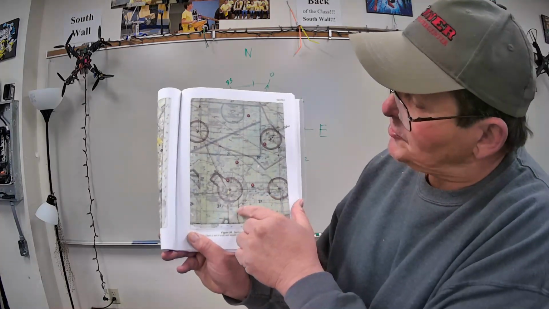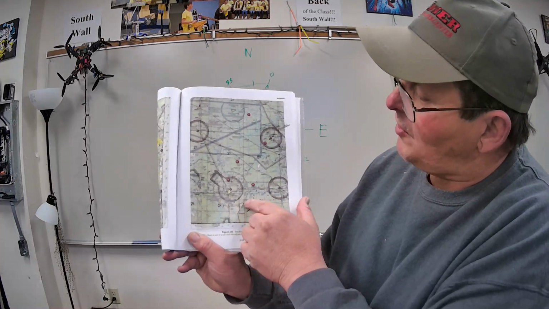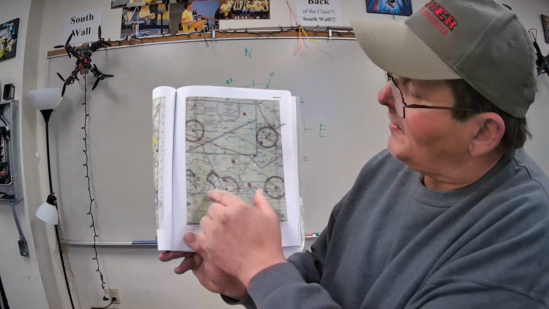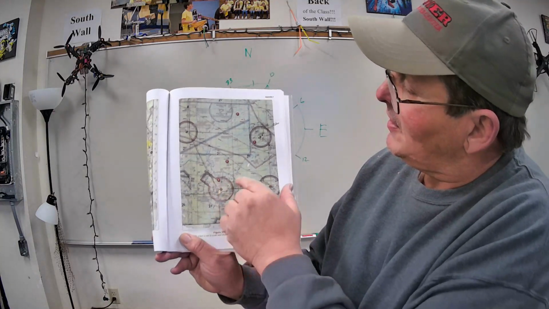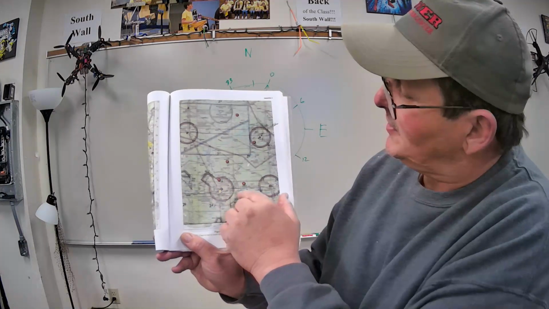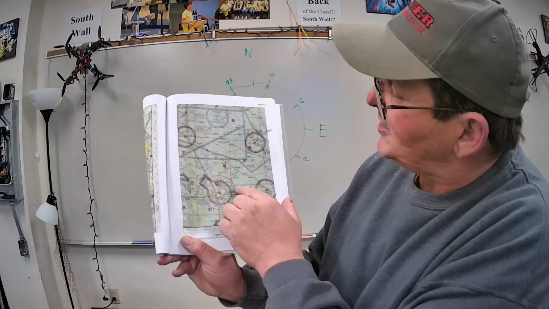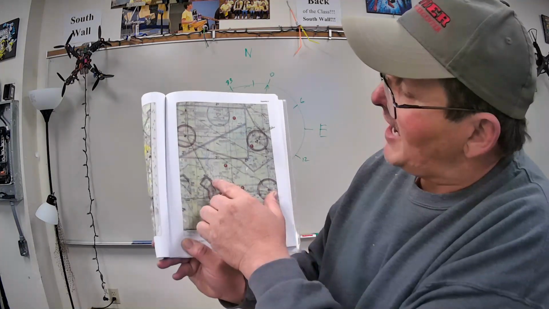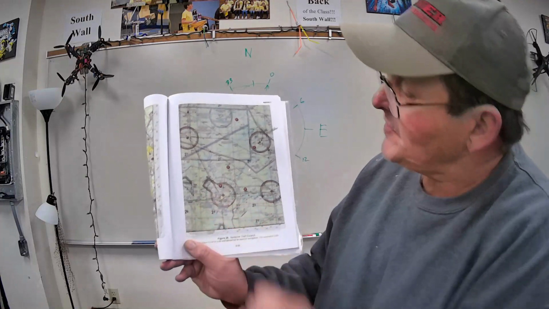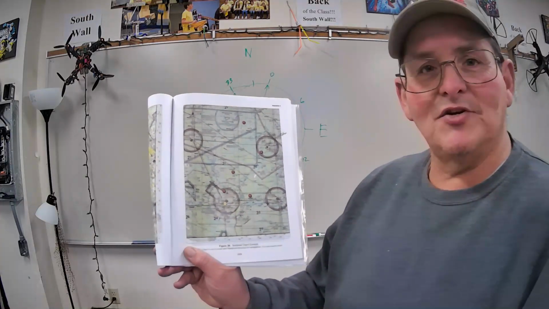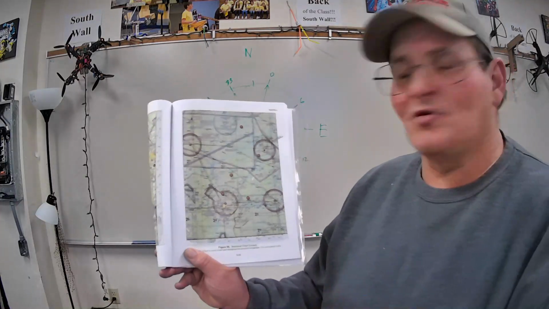If you'll notice, you'll see numbers like 15, 12, 30, 6, 38, 27. Those are actually degrees, but you have to add a 0 to it.